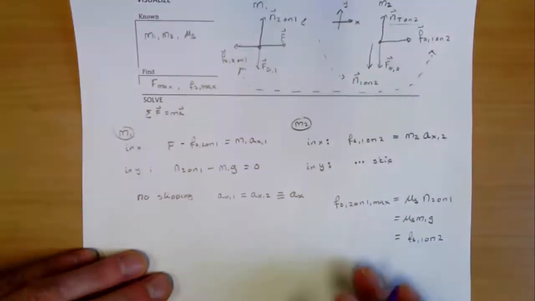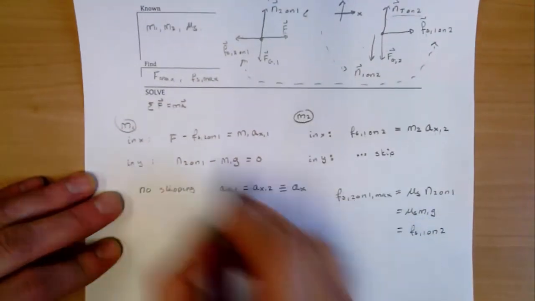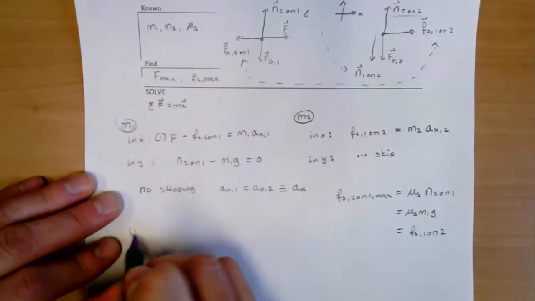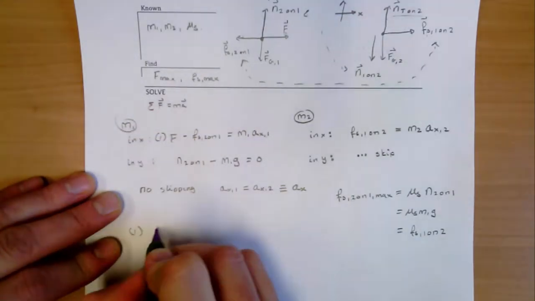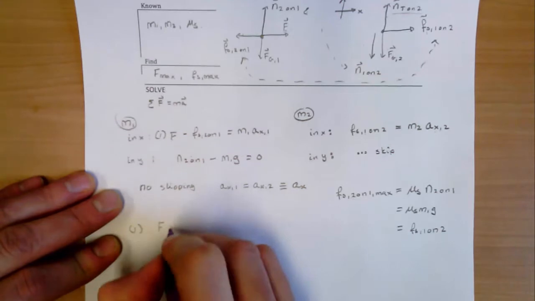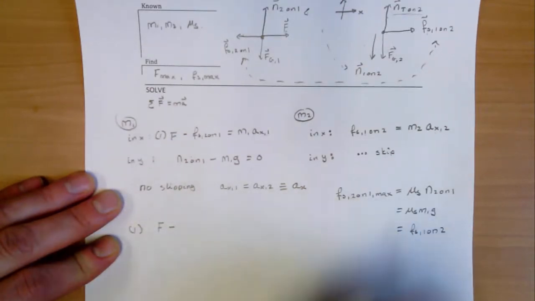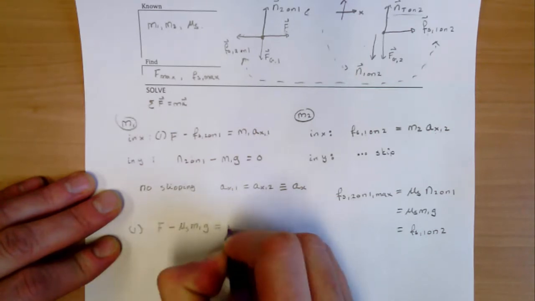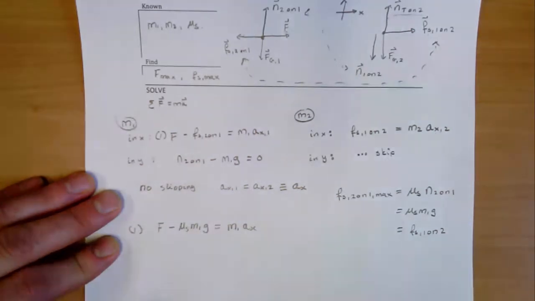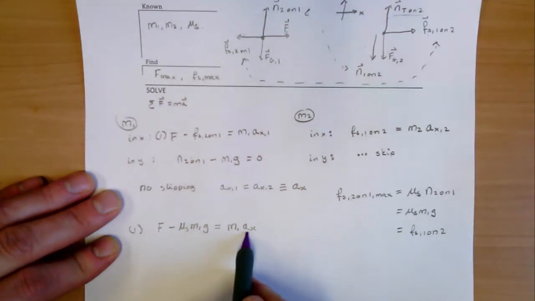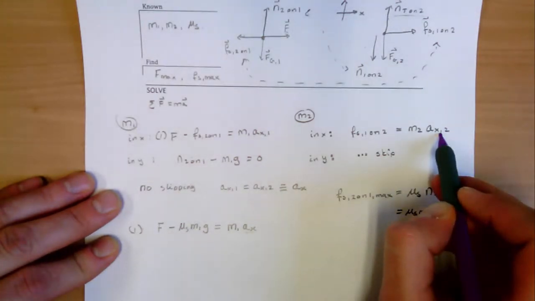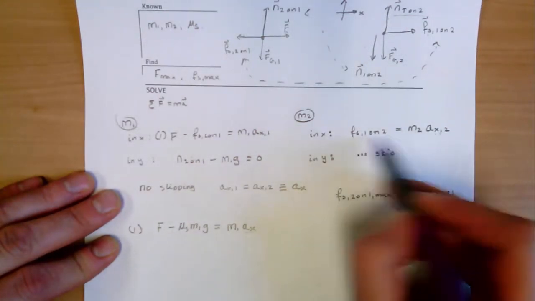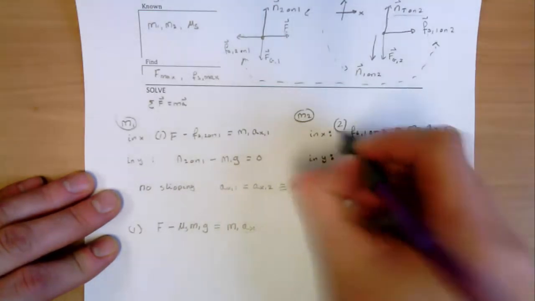Okay, so then I can just plug that into, let's call this equation 1. Let's put this into 1, so it's going to be F minus the static friction, which is mu s m1 times g. That should be equal to m1 times ax. So I'm close, but I still don't know what ax is. Oh, but look. I can solve for ax in terms of static friction just from this. Let's call this equation number 2.